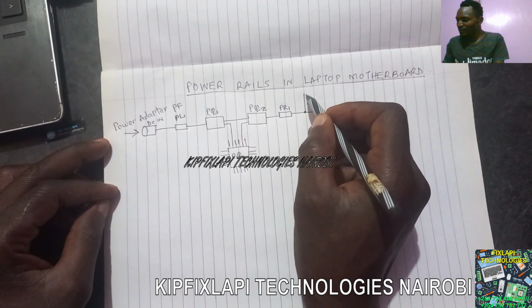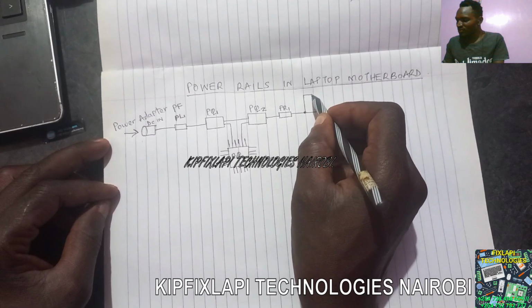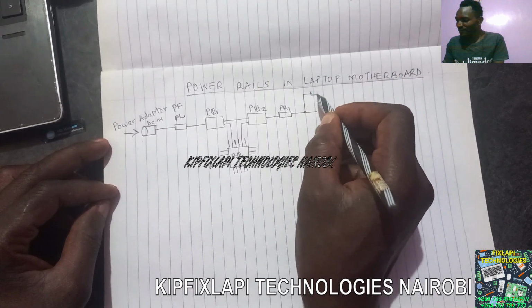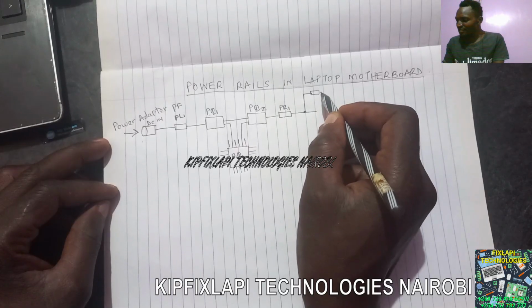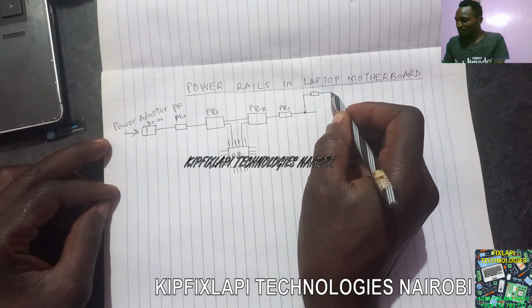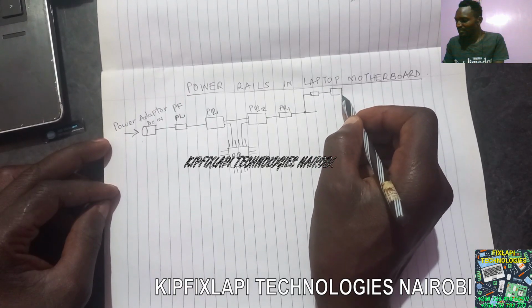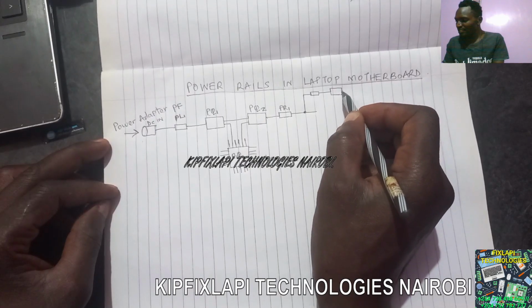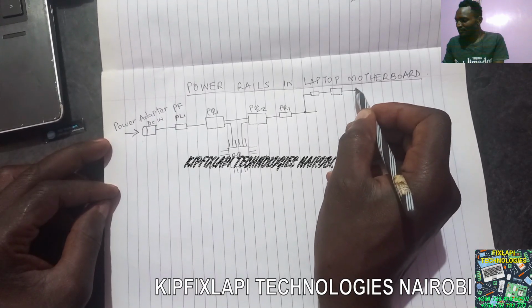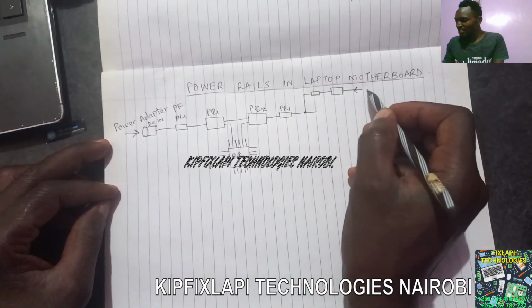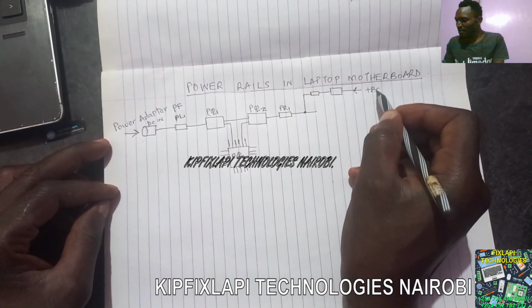This circuit is coming from the battery. So here we will have a current sense resistor from the battery, and another MOSFET, a supply MOSFET from the battery. This voltage is coming from the battery. Let me call it the positive bat for battery.